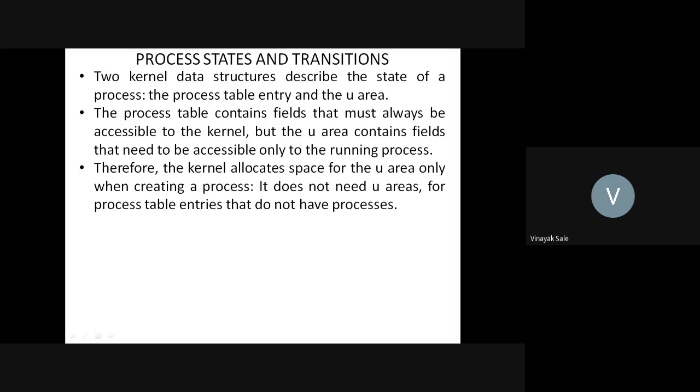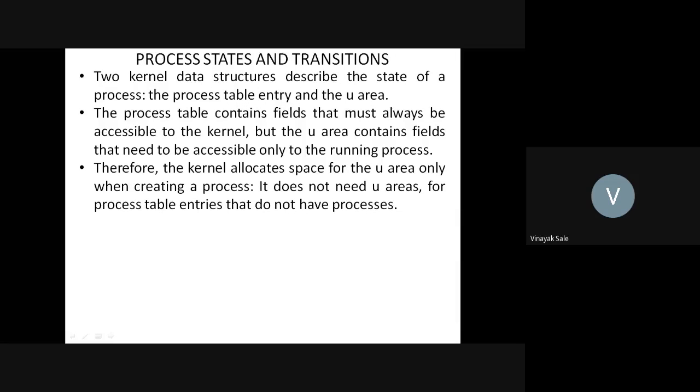So two kernel data structures describe the state of the processes. First is the process table entry and second is the user area. These are the two types of kernel data structures which describe the process states.